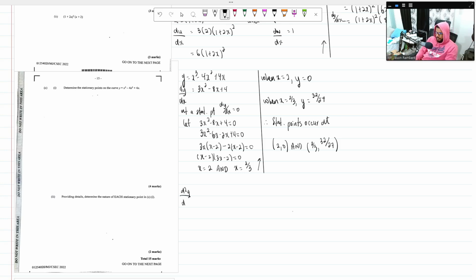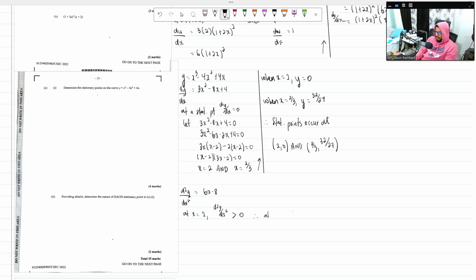d2y over dx squared is equal to 6x minus 8. At x is equal to 2, d2y over dx squared, I'll get 6 2s are 12, 12 minus 8 is 4. I did that mentally. It's greater than 0.